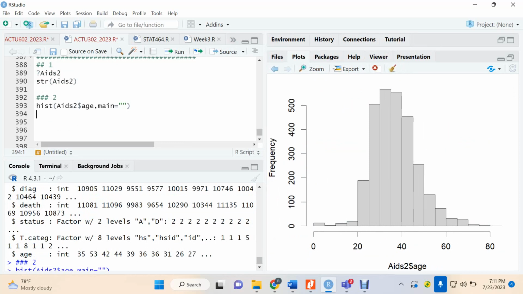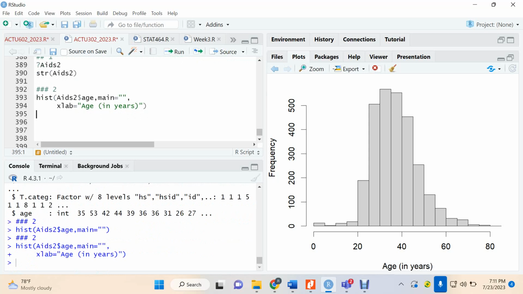Nobody will know what it is about. Here I was a bit lenient. In exam, I'll allocate marks for all of them, so if you don't do it properly, you lose the marks. Age maybe in years, like that. Okay, this is fine like this.